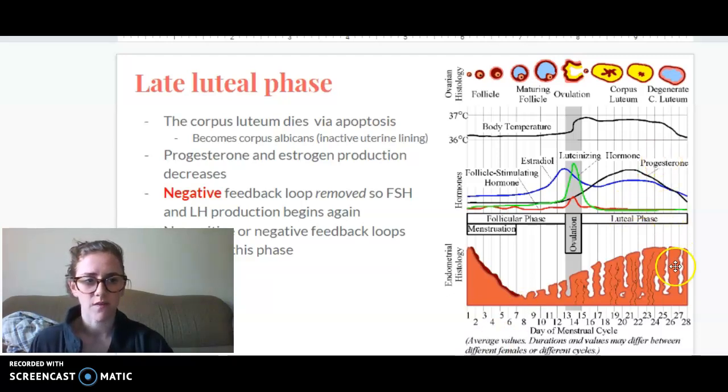So during this phase, there are no positive or negative feedback loops present. The decrease in the estrogen and progesterone will continue decreasing and stay the same until the follicular phase of the ovarian cycle begins again, and then they start to prepare for another menstrual cycle and ovulation.